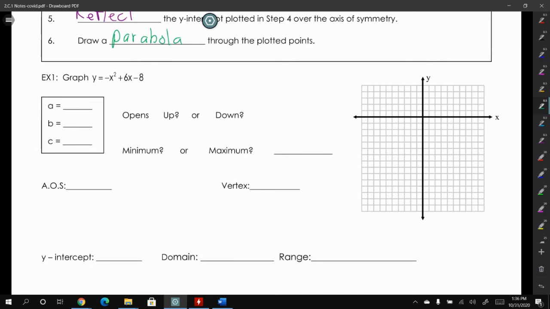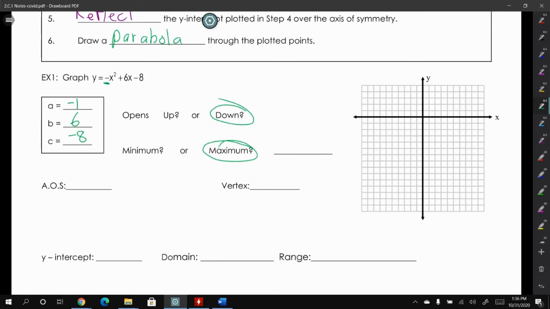So we have y equals negative x squared plus 6x minus 8. The first thing we're going to do is list our ABCs. A is negative 1, B is 6, and C is negative 8. And since our A value is negative and there's a negative in front of x squared, that means we're going to open down. And it means we're going to have a maximum value that we're going to have to calculate.